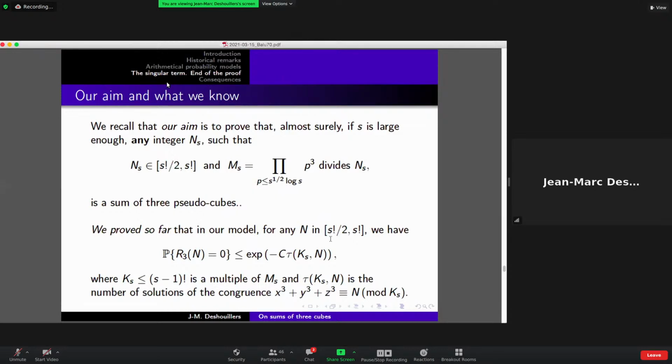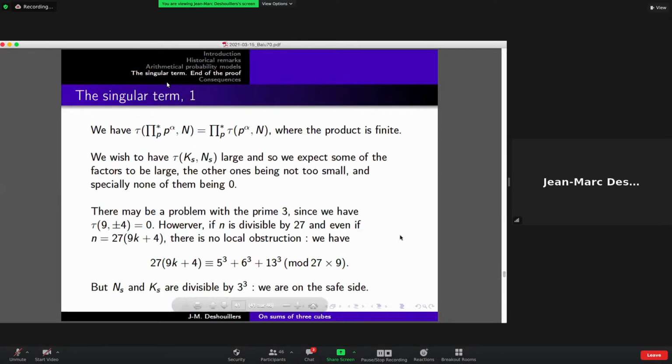I think we have this, and what we want to show is that any integer n in this set is a sum of 3 pseudo cubes. So it turns out that we have to work a bit on the singular term. The singular term is multiplicative. This is nice.